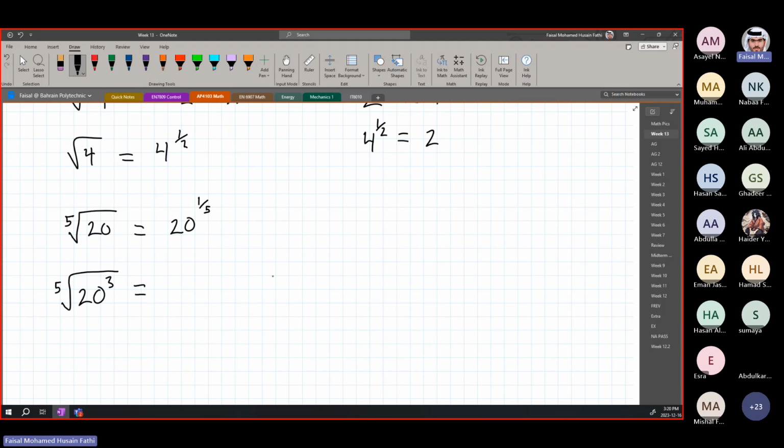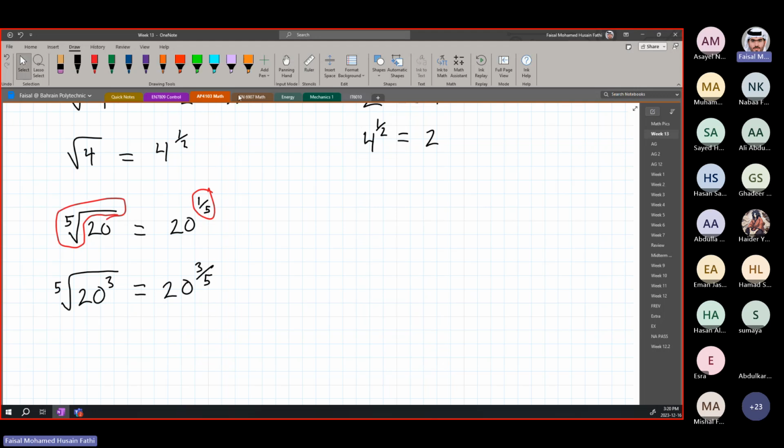You can rewrite this as 20 to the power of 3, the cubed, divided by 5, the fifth root. This is just the rule of how to convert your radical into index form. These two things mean the exact same thing. This 1 over 5 means the exact same thing as the radical.